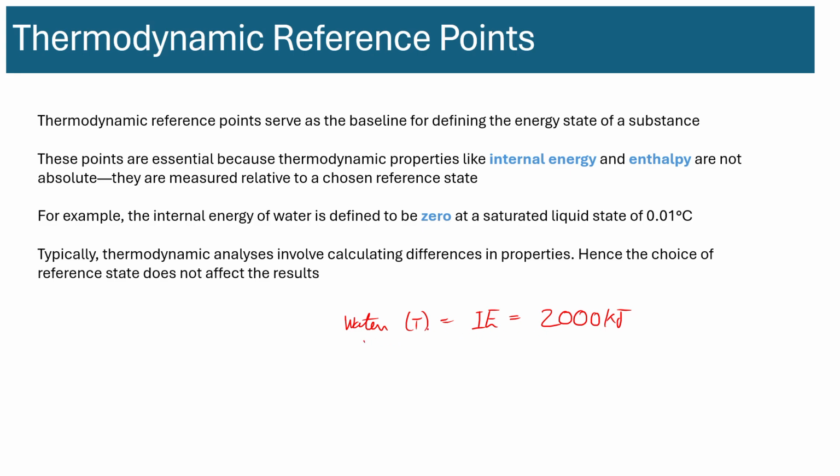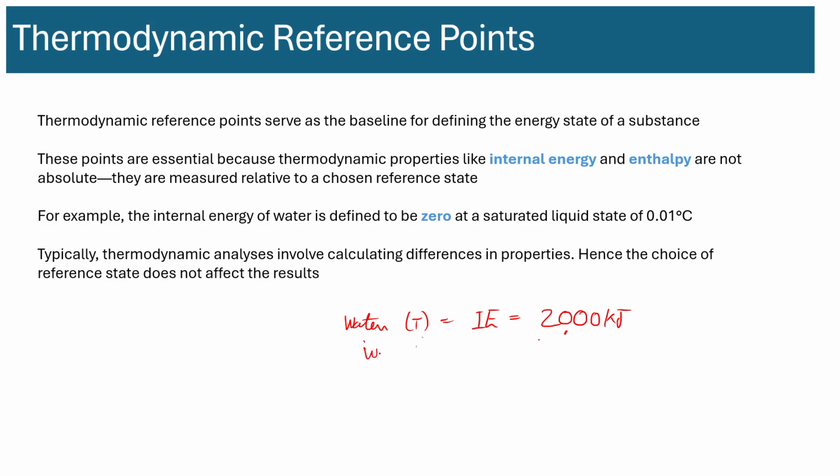How do we know that? How do we know water has this much energy inside, just sitting there at that temperature? The actual answer is we don't know. It's just a random number that we're picking based off of a reference.